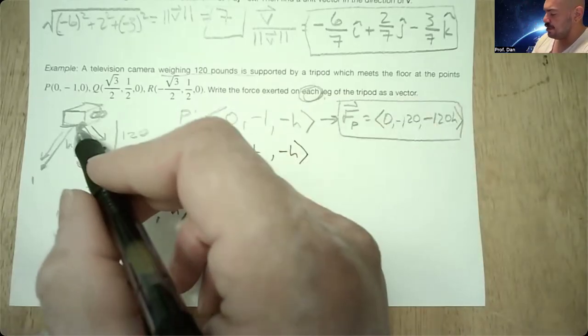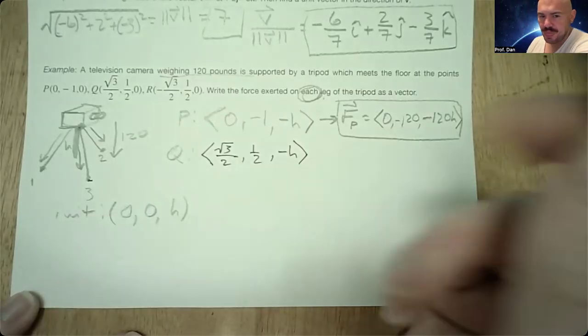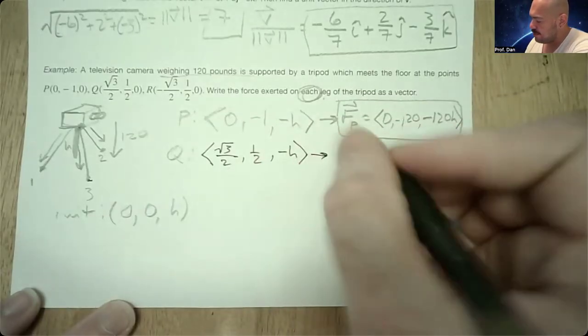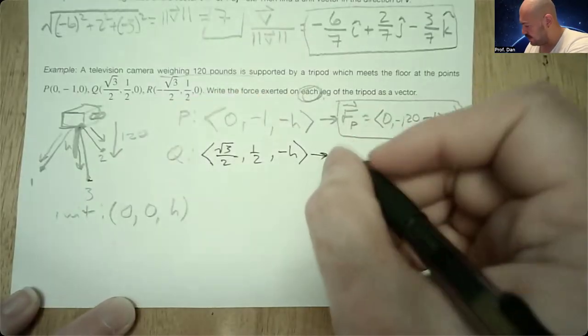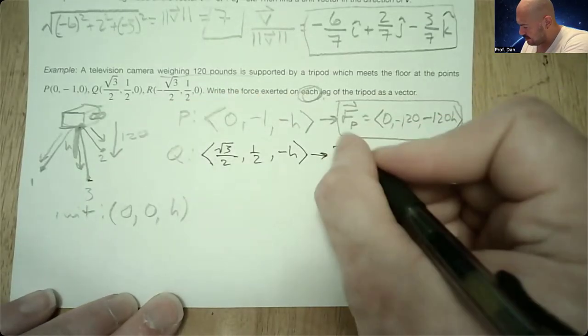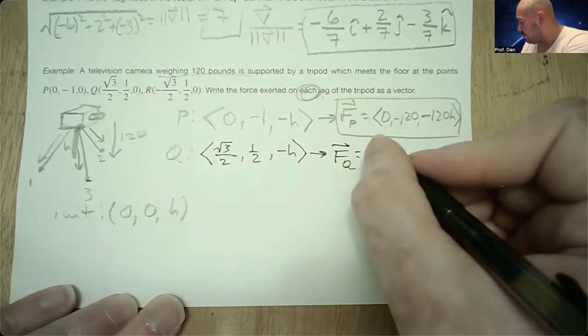That's the vector that goes from the camera down to the floor. Now, if I multiply that by the weight, or the magnitude of the force, then we end up getting the force put onto leg Q.